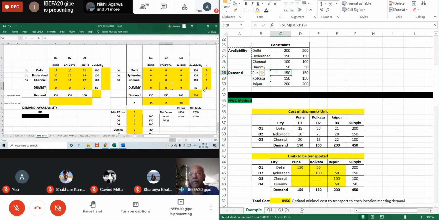Okay. So minimum is 0. Let me take maximum, say 20. In that direction, minimum cost is 0. So Jaipur will be 50.